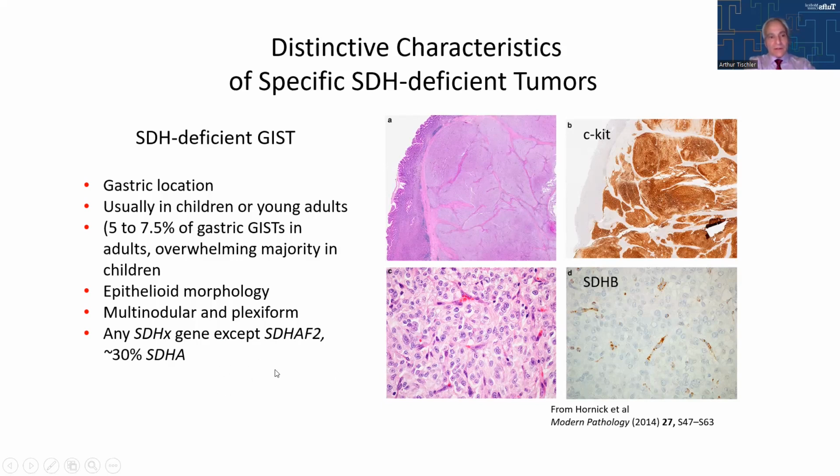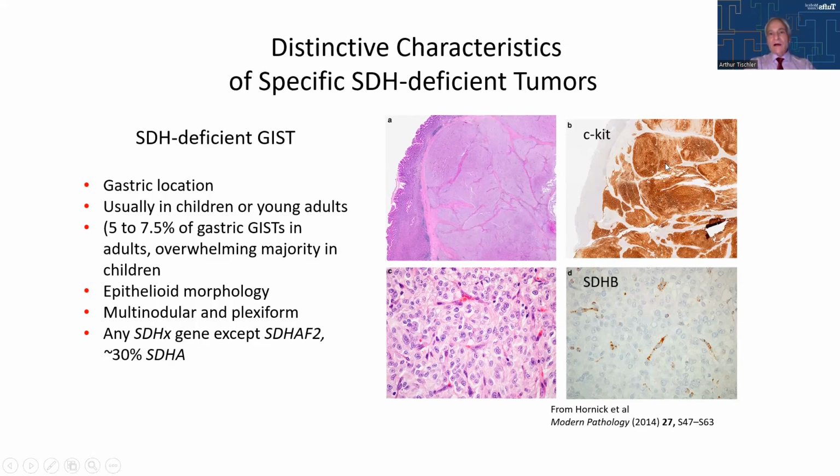And gastric GISTs associated with SDHx have been associated with most of the SDHx genes, with the possible exception of SDHAF2, and the majority of them are associated with SDHA.